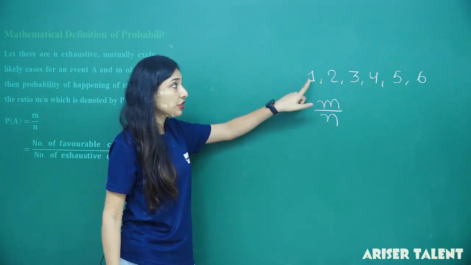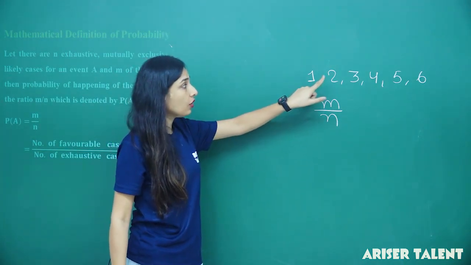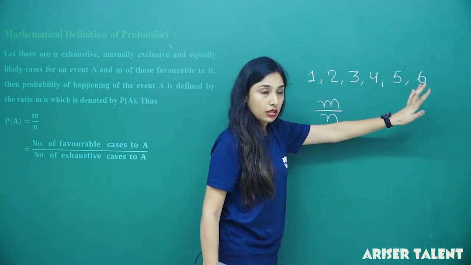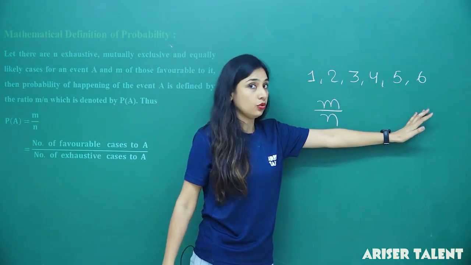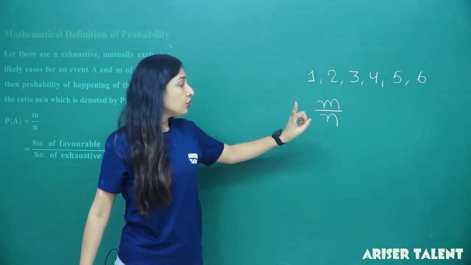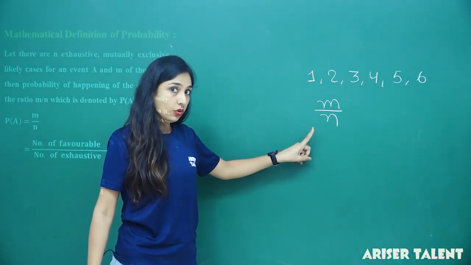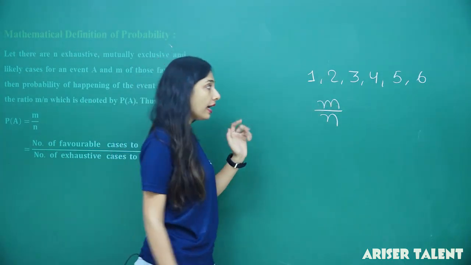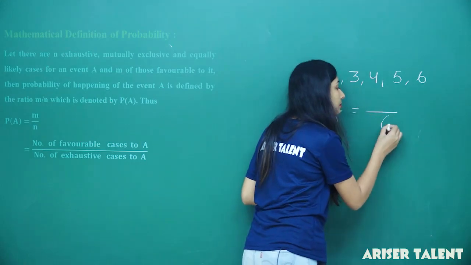Now in this condition, with a dice, I can have 1 or 2 or 3 or 4 or 5 or 6. Any possibility beyond that? No. So the total number of events, in this case, is 6. So n is clearly 6.